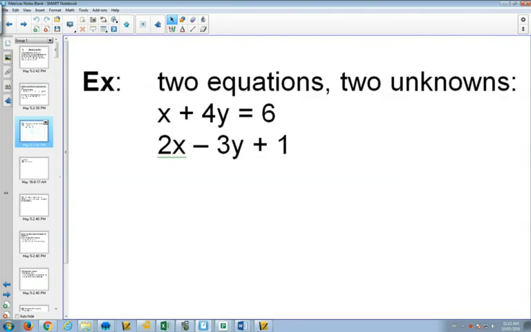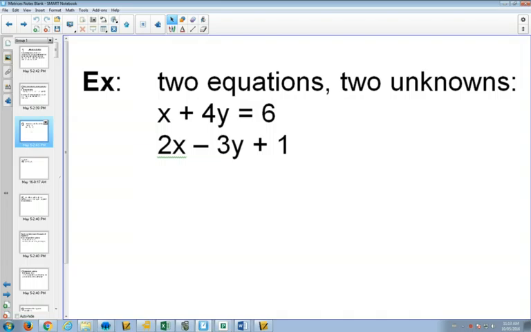And we learned that in order to solve a set of linear equations, you need to have two of them. If you have two unknowns, so x and y are the things that I don't know, and I have two equations, then I can find out a solution for this.